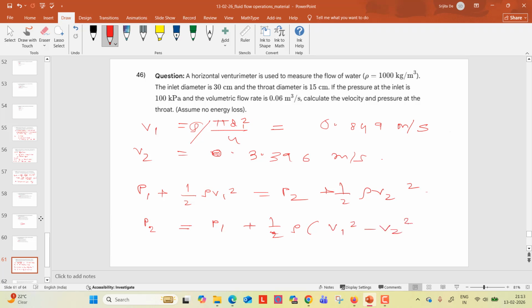It is coming as 94.59 kilopascal. That means it is coming as actually 94593.9 Pascal, right? And this is the velocity answer.